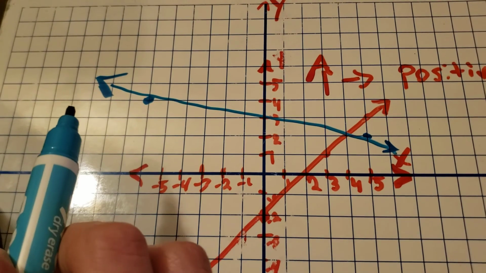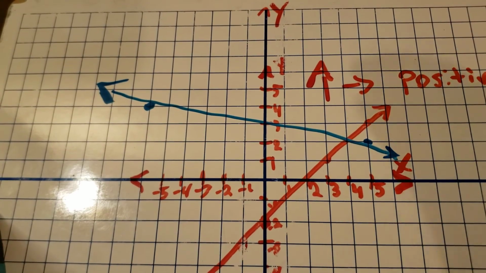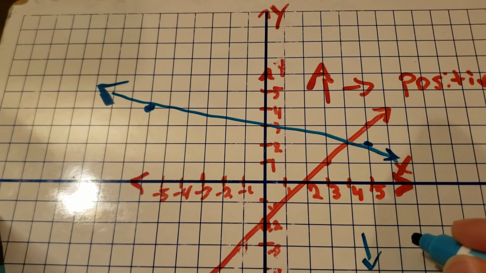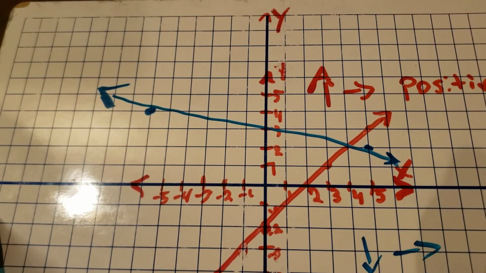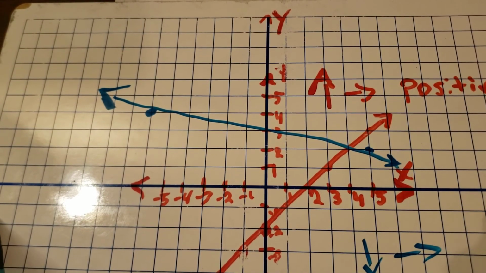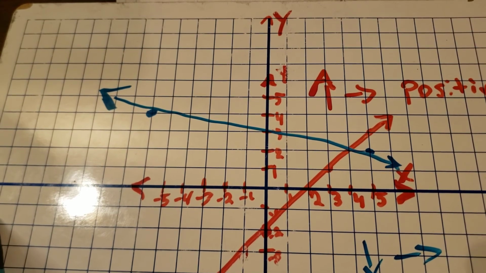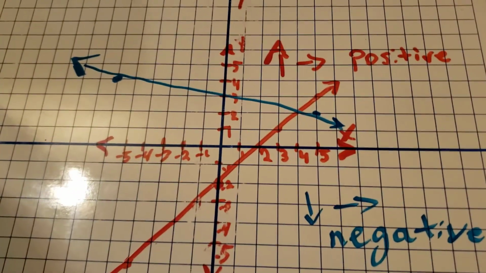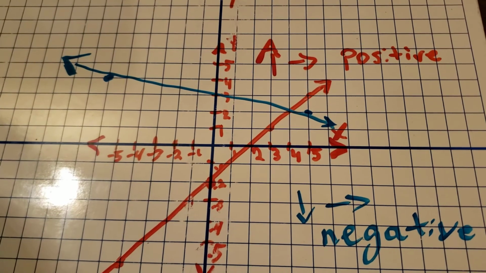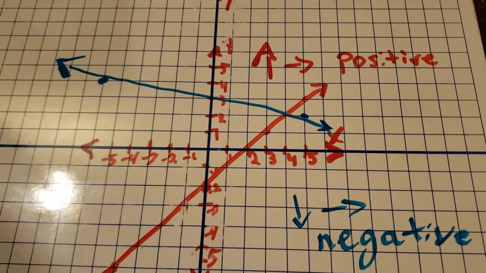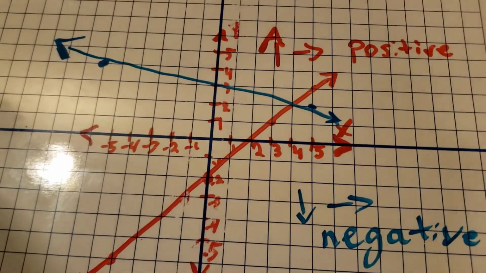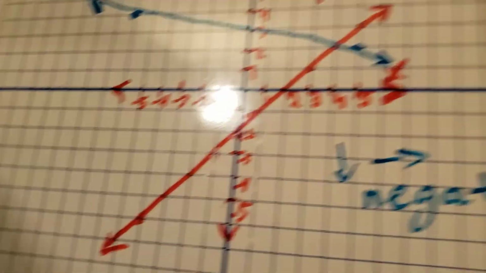However, it's going down as it goes to the right. It's down and to the right. So it's negative. Okay. Again, these are just some examples. I do have some more notes to cover.